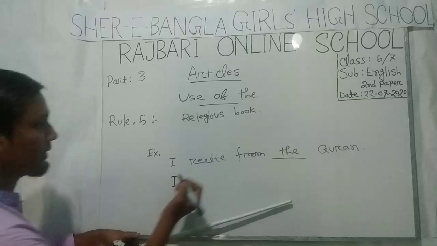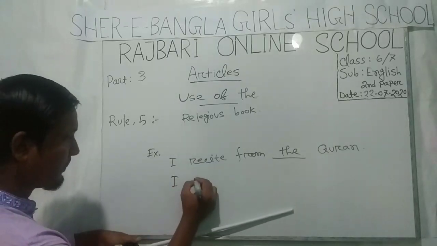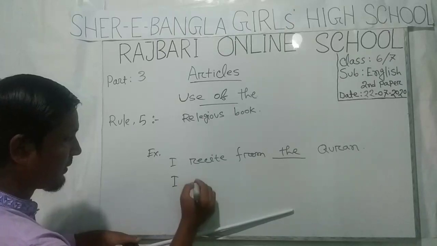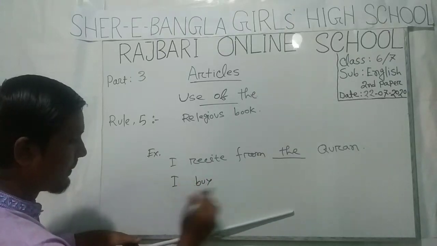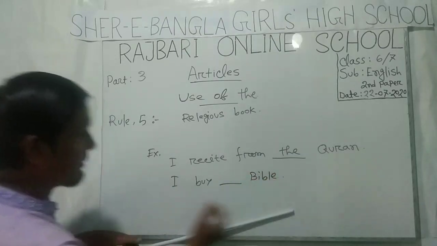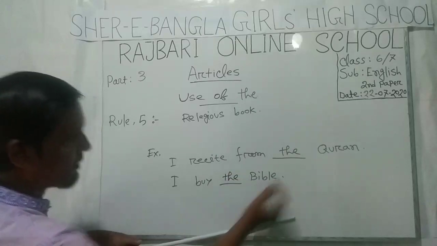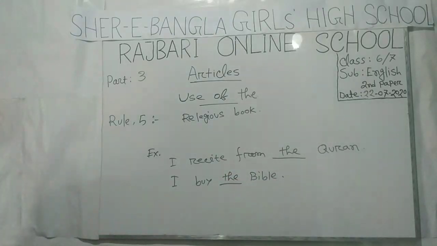Another example for you, please try to understand. I buy dash Bible. I buy the Bible. Okay, this is also another religious book.